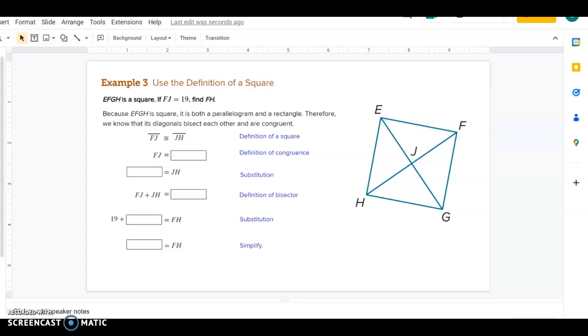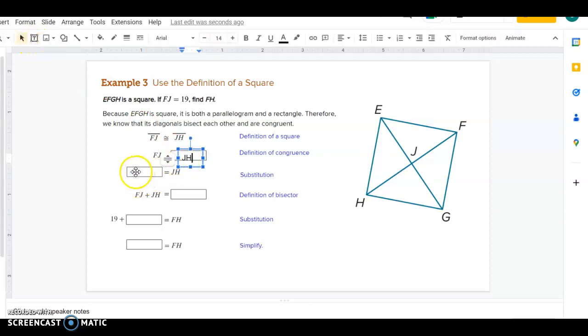We use the definition of a square, so EFGH is a square. If FJ equals 19, find FH. So we know that FJ and JH equal each other. So substitution, we know that FJ equals 19.